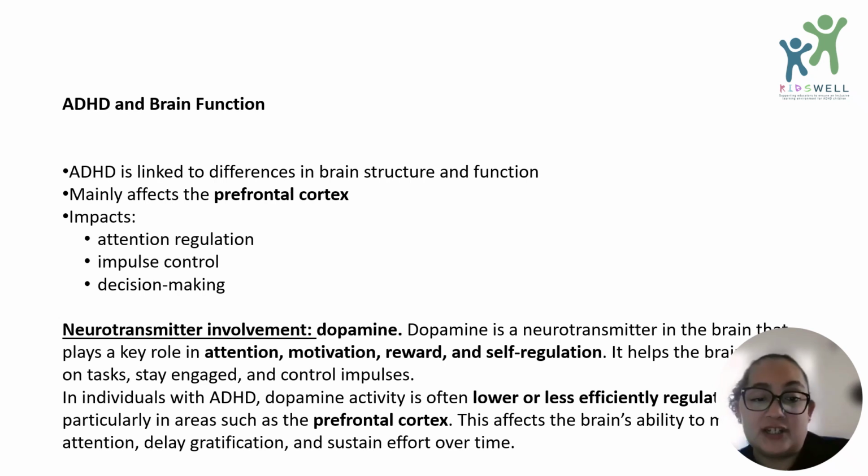In individuals with ADHD, dopamine activity is often lower or less effectively regulated, particularly in areas such as the prefrontal cortex. This affects the brain's ability to stay attentive, delay gratification, and sustain effort over time.